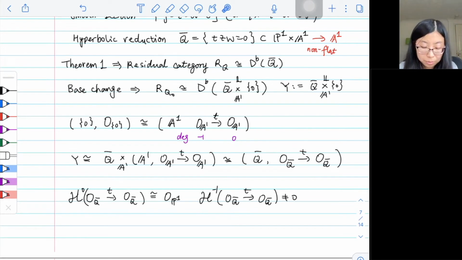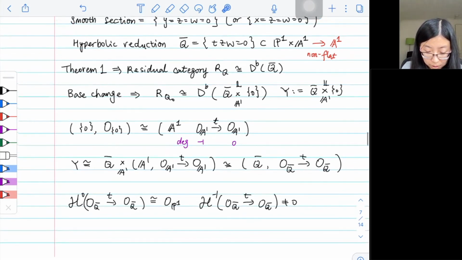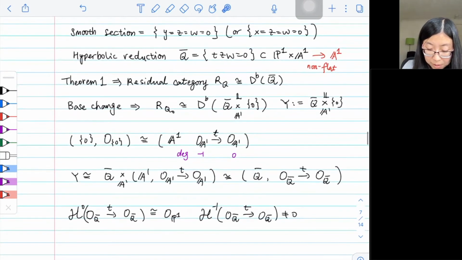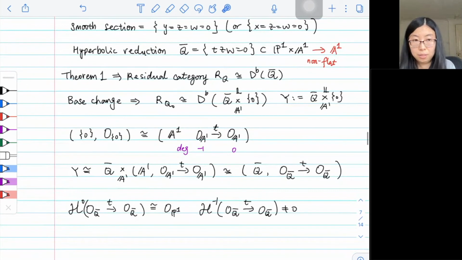Now it's easy to compute that the cohomology at degree 0 is the subscheme of P1 times A1 quotient by the ideal (tzw, t), which just gives you the structure sheaf of P1. But you also see that in degree -1, the cohomology is non-zero, so it's a DG scheme, not a scheme.